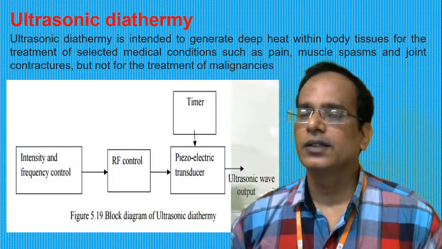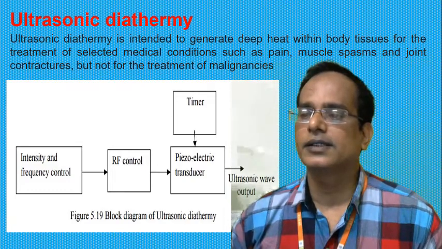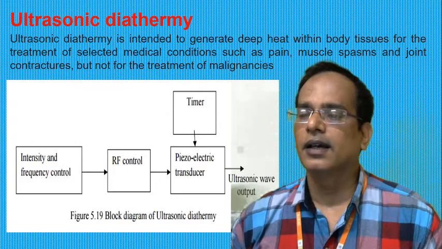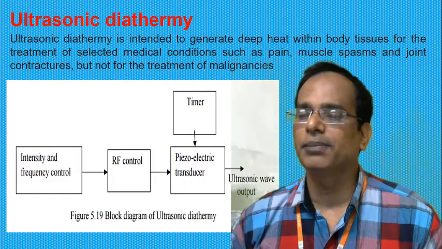So in this case ultrasound is greater than 20 kilohertz, and infrasound is lesser than 20 Hz. The therapeutic use of ultrasound has a frequency range of 0.5 to 5 megahertz, or else they use 1 to 3 megahertz, depending upon the application.